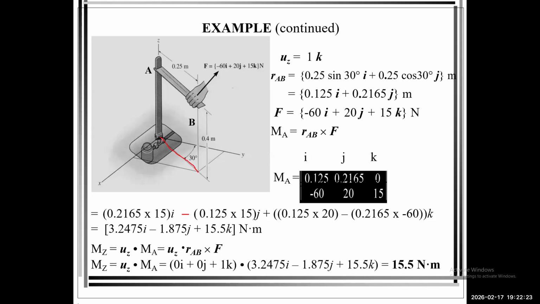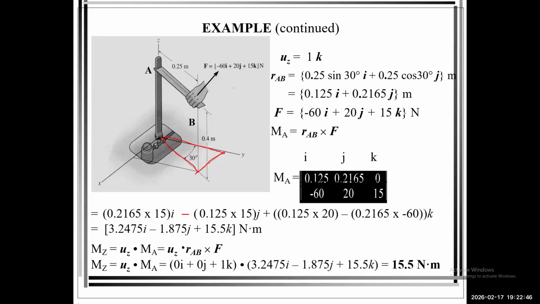And so because of that, in the XY plane, you can get position. You can break up your position vector into a component in the Y and a component in the X. And so it becomes 0.25 sine 30i.